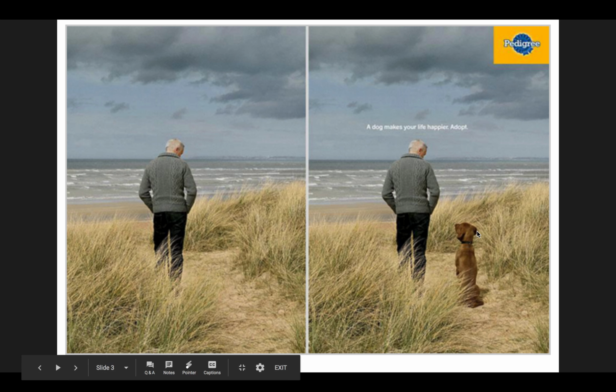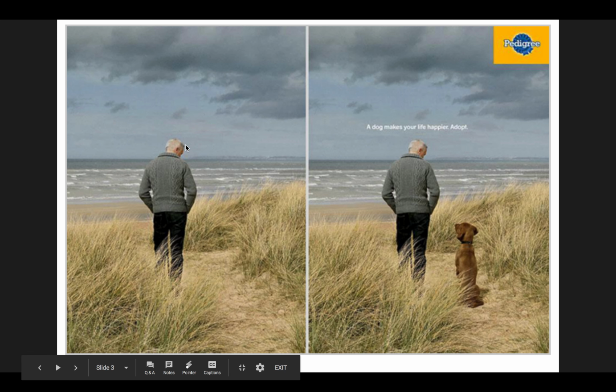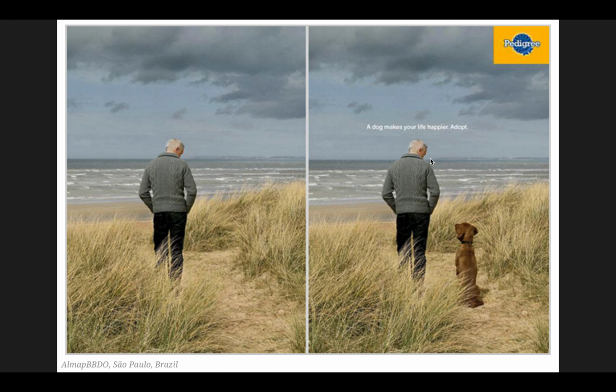The ad's trying to say that life with the dog is better. With the dog, this picture isn't as empty, right? There's an emptiness right here. His eye line takes us to an empty place. Here, his eye line takes us to an image of a dog. So having the dog, you could say, makes him happier. He looks more fulfilled and complete, and therefore we should all adopt. So you could say the purpose of this ad is to get us to adopt.